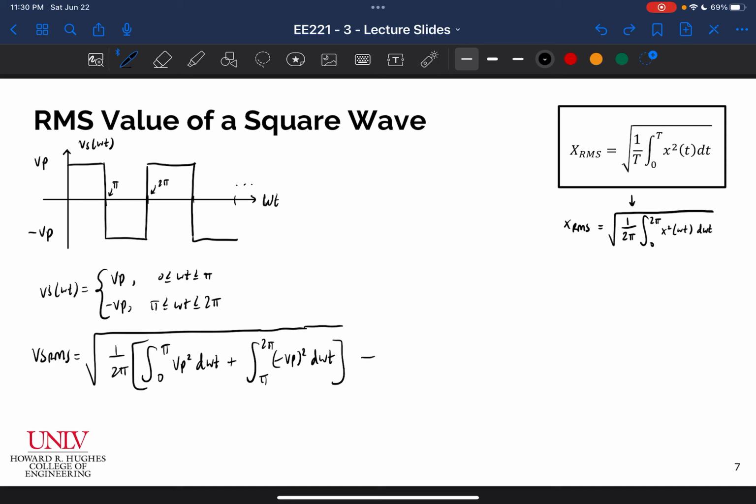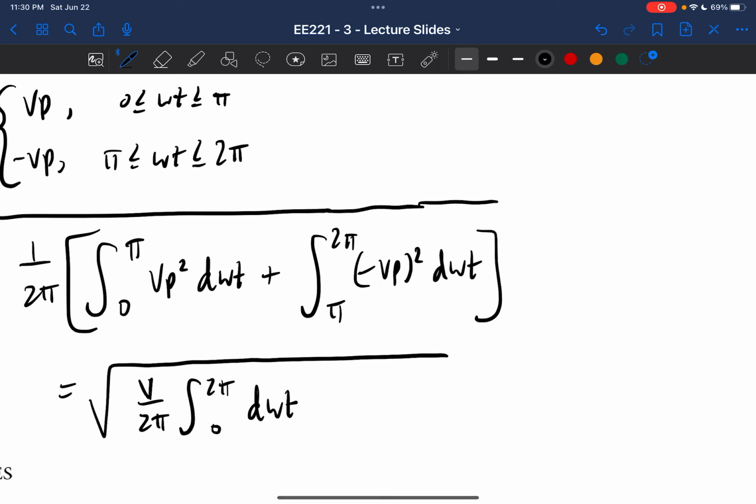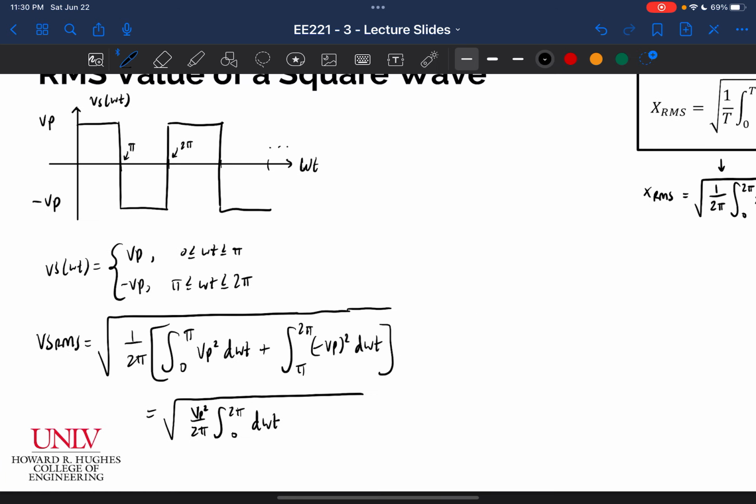So that can go, actually let me just write it here. The square root of 1 over 2 pi times the integral from 0 to 2 pi d omega t, and I'm going to pull the Vp squared out, so I'll just put that here. And so if we take that integral, we're going to get, I'm running out of space here. Let's move this up.